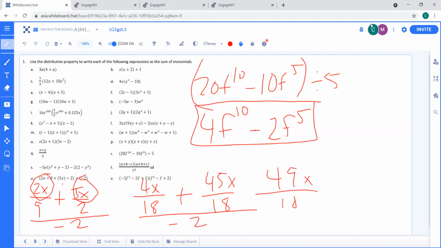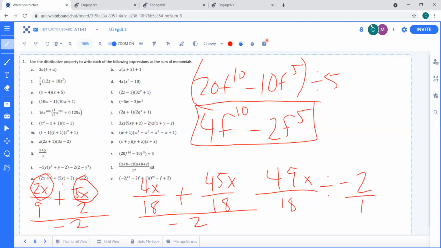49x over 18 divided by a negative 2. Now remember, we can divide by a -2 or multiply by a 1/2, or the better thing to do, I think, for y'all, is to rewrite that. So that's divided by a -2. Well, how do you divide fractions?